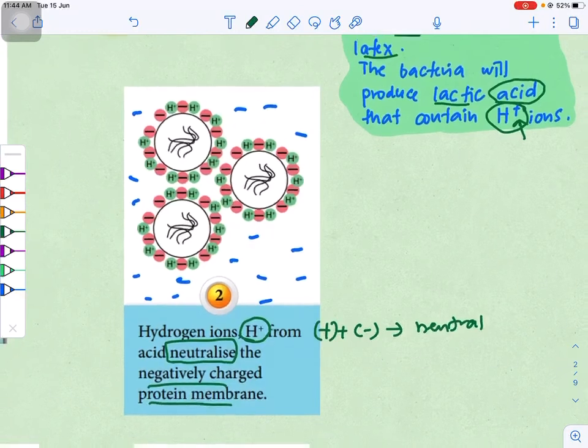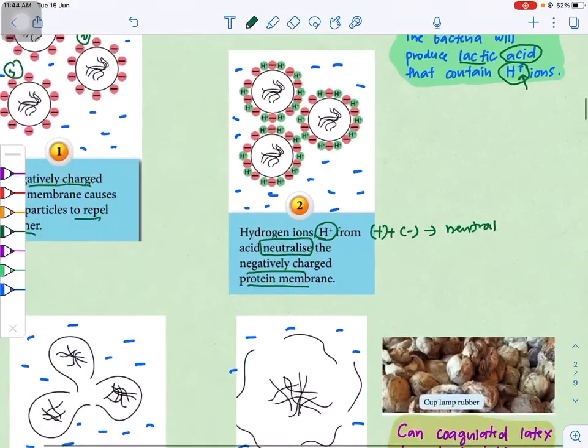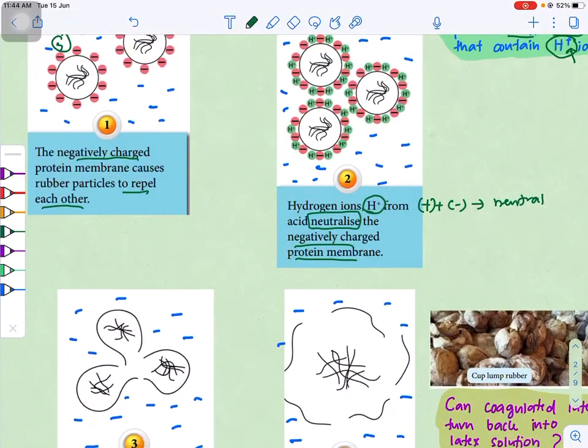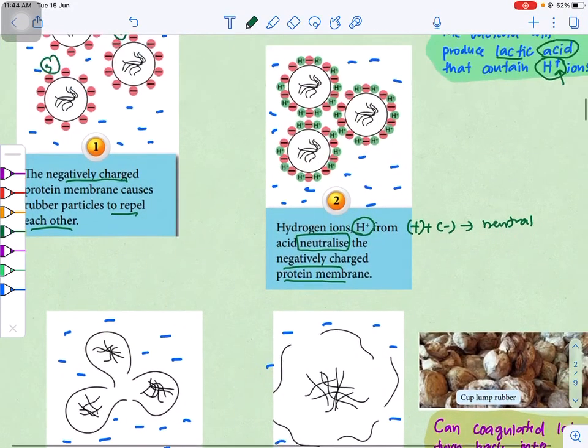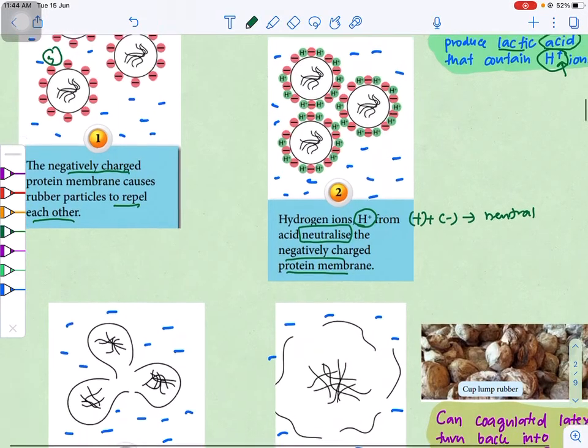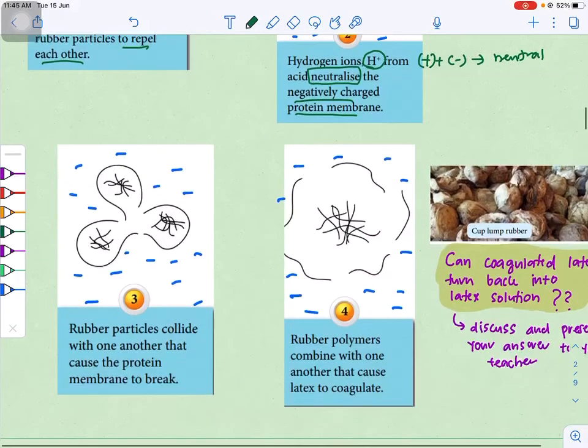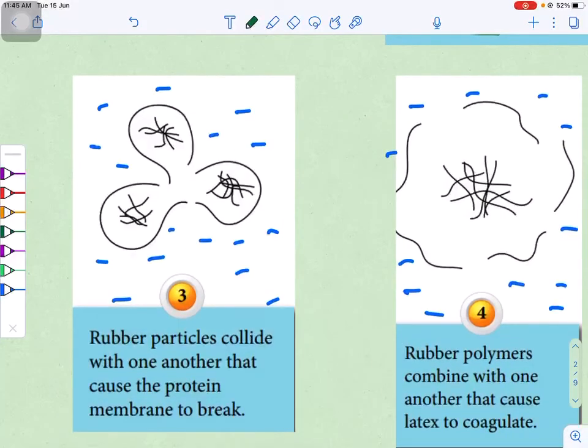Do they repel when neutral? The answer is no more. Nothing stops them. They will not repel, because they can go close since they are already neutral. So when they come close together, for sure the rubber particles will collide.